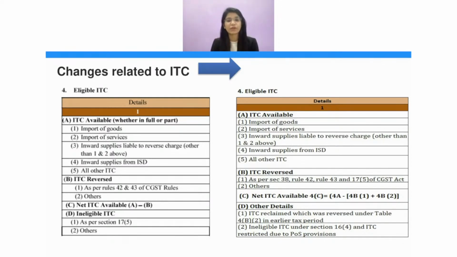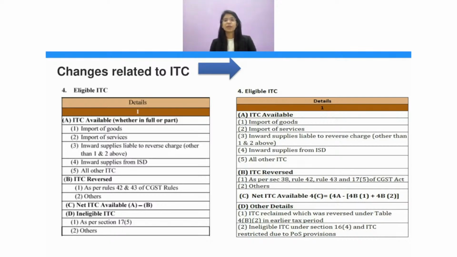That was the equation we are following. But remember, whenever you say ITC as per 2B, remove the reverse charge transactions, because reverse charge transactions are never dependent on the supplier, and we are going to show them under 4A3. We are not going to show them under 4A5. So this is another important point we should remember.